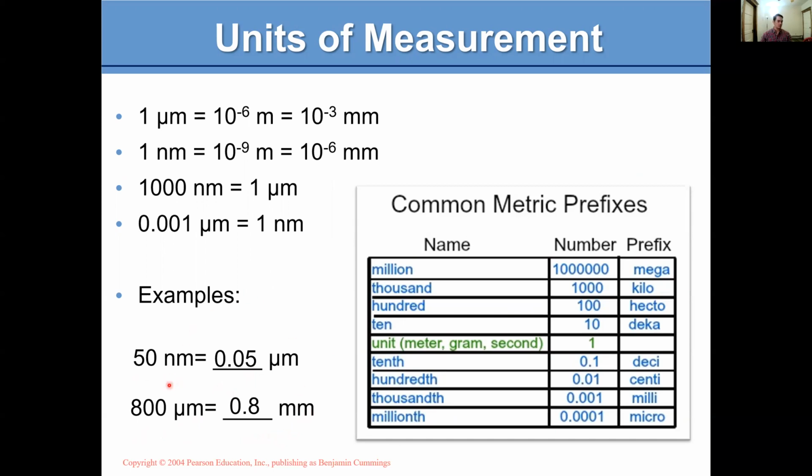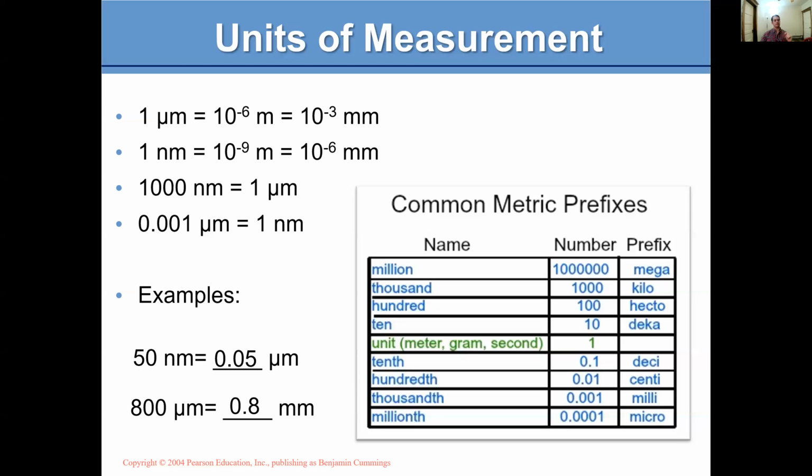You have to be able to convert freely between these units. In exams or tests, I might ask you to do that, or I might provide you with measurements using a specific style, and you will need to make sure that they're all uniform, and thus you'll need to be able to convert between these different measurement lengths.